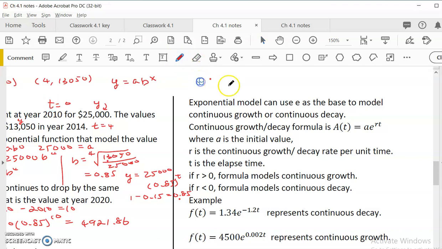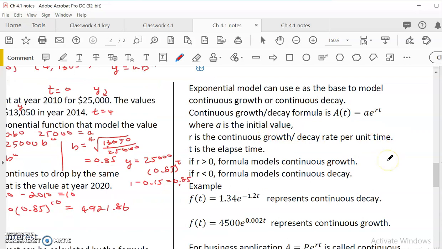It's as if for money you are getting the interest every single moment. If you use that, it turns out that the formula becomes A equals A, the initial value, P, e to the rt. So this is actually P, okay? P e to the rt. For money, it's principal. For population or anything else, it is A e to the rt.